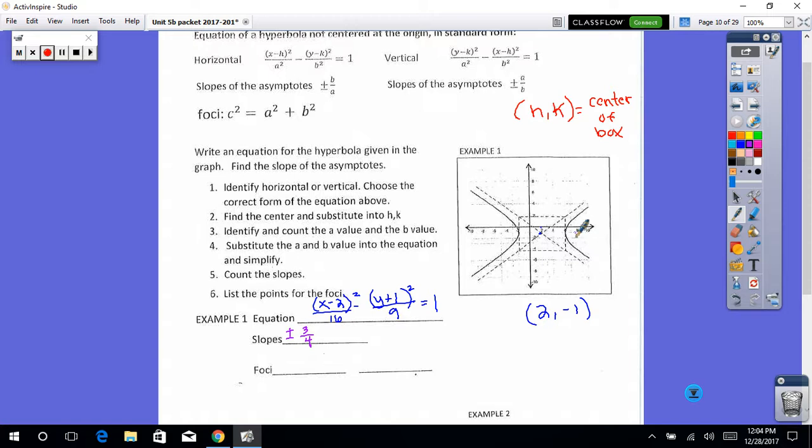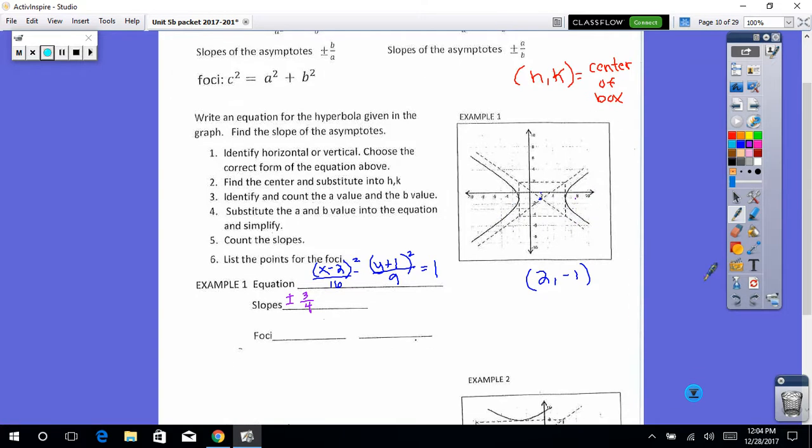In this case, it is going to be on the x, because it is inside the hyperbola. Which means that our y-coordinate of -1 is going to stay the same. We're not moving this foci up or down. It's literally just going to be right along this center inside the hyperbola.